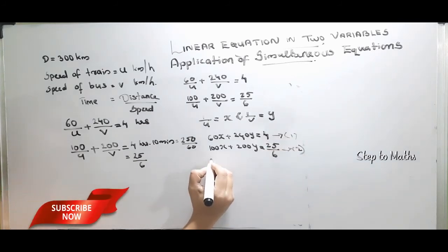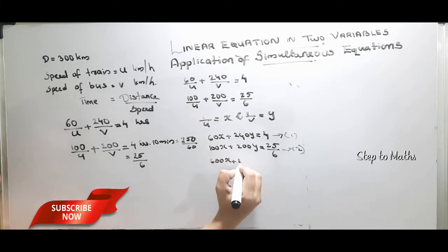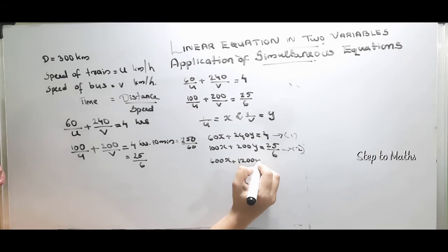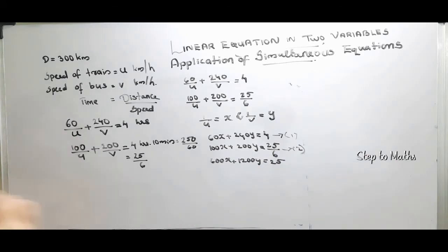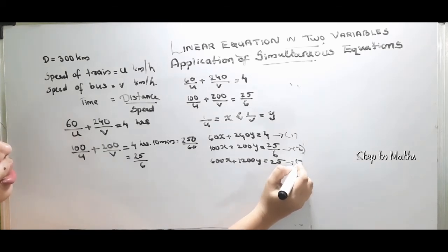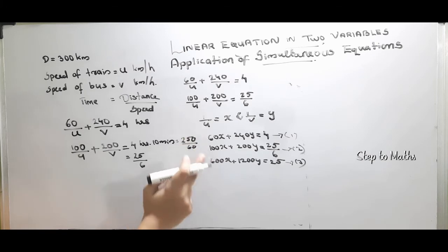Then equation number 2 becomes 600x plus 1200y is equal to 25. Equation number 3.